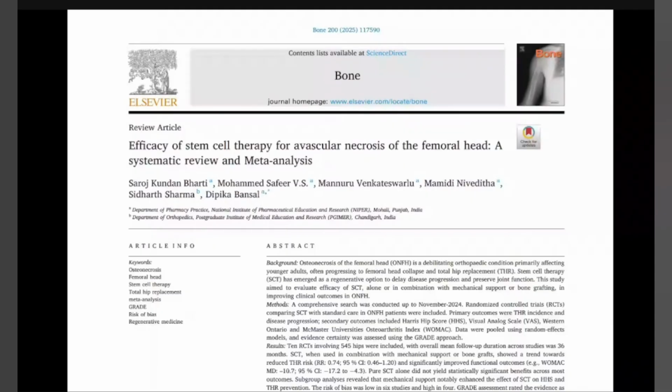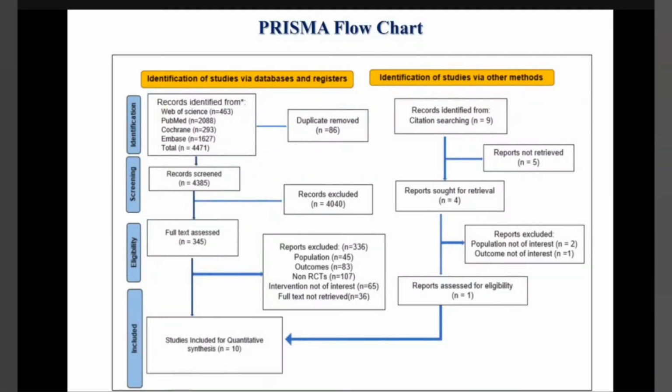So here we have screened everything. For example, we have one systematic review and meta-analysis. We have done the systematic review. Then what does PRISMA want to say to us? PRISMA gives this format, like how many databases you have screened. For example, in this study, I have screened 4 databases: Web of Science, PubMed, Cochrane, and Embase.